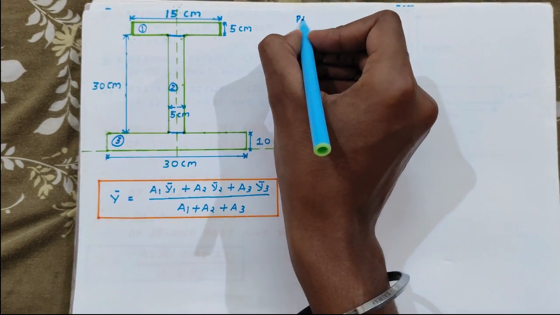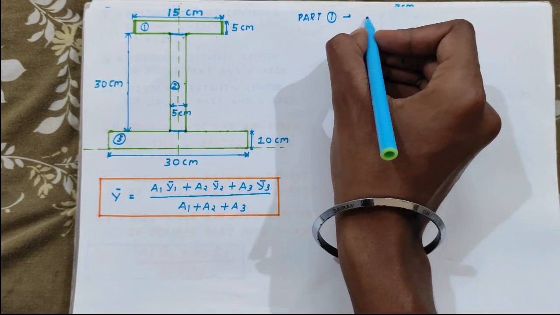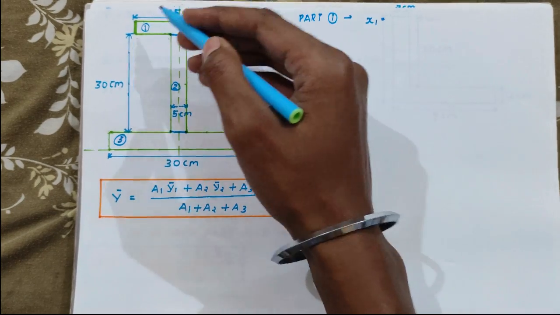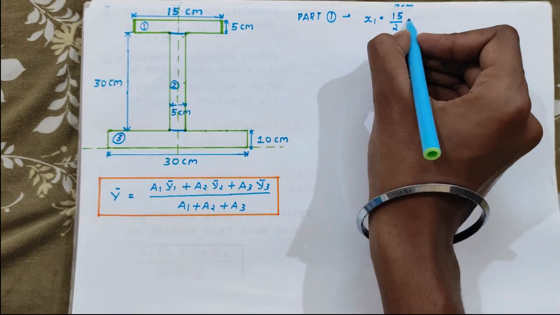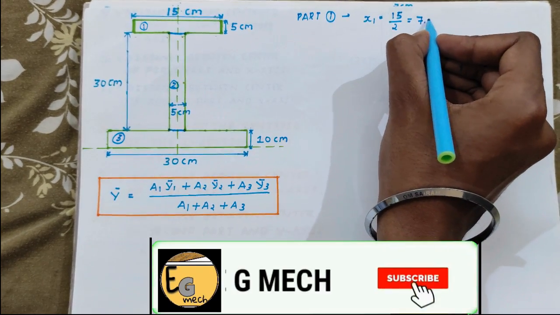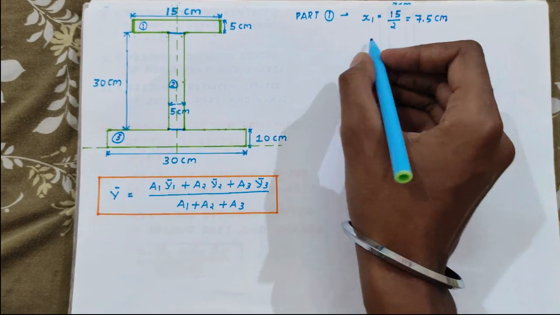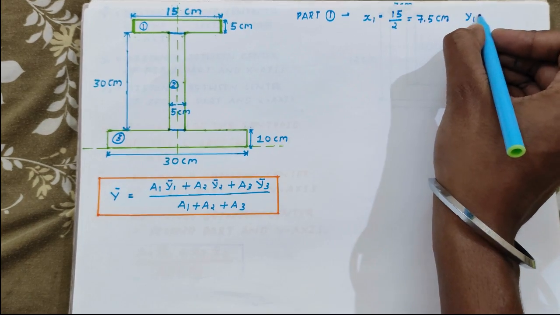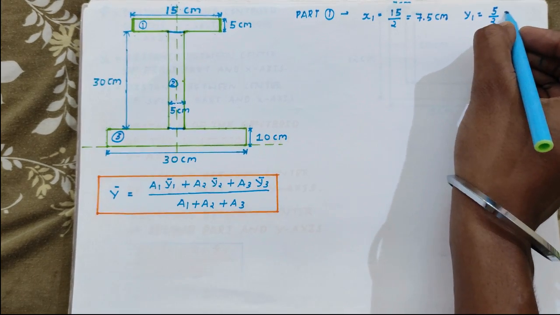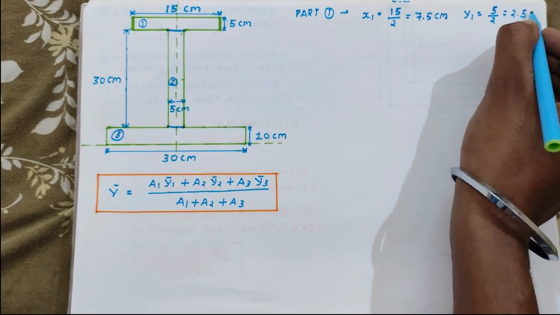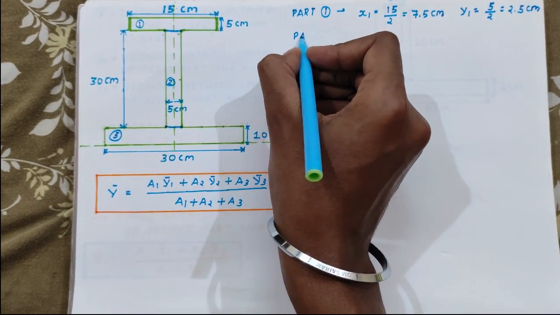So for part 1, x1 is equal to 15 by 2, 7.5 centimeter, and y1 is 5 by 2, 2.5 centimeter.